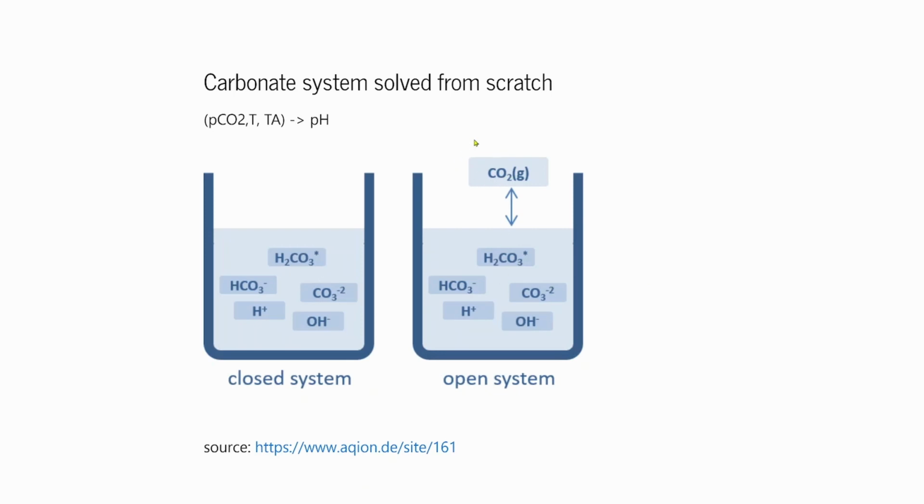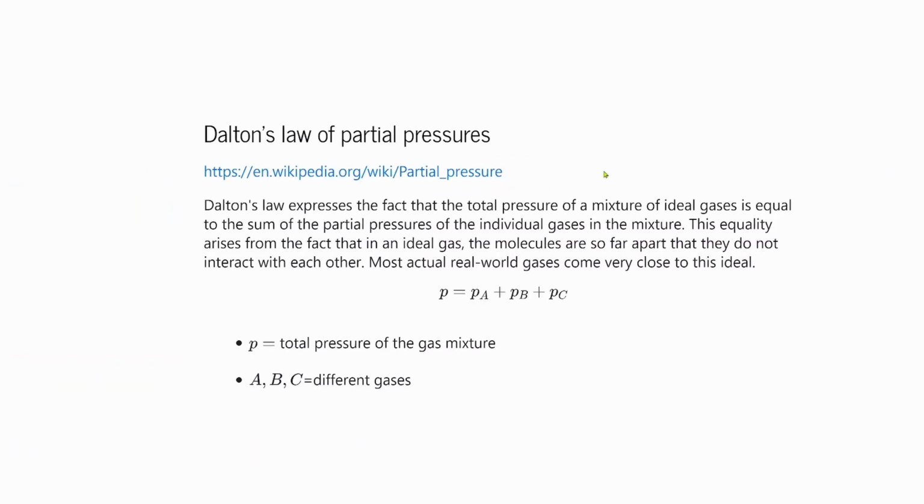So first we will think about the air. What do we need to know about the air to describe and to find this pCO2 value here? So therefore I'm gonna make use of Dalton's law of partial pressures, which is basically describing that for ideal gases the total pressure is the sum of the partial pressures of all gases in the system.